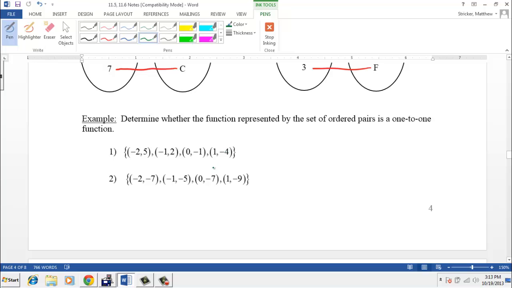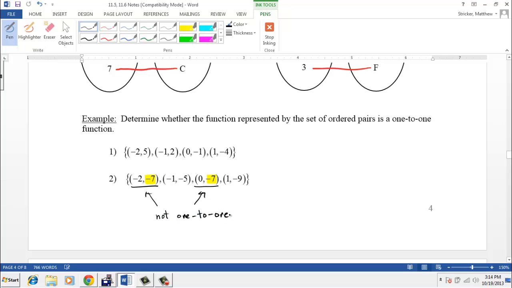But in option 2, if we look at this ordered pair and this ordered pair, they both have outputs of -7. So we have -7 coming from an input of 0 and from -2. So this would be an example of a function that is not one-to-one.